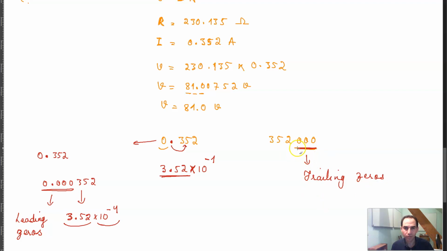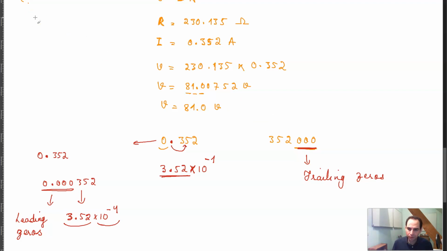Trailing zeros sometimes are significant, sometimes are not significant, depending on the situation. And as you can see, there is ambiguity with this type of number, and therefore, of course, we will talk about that as well.